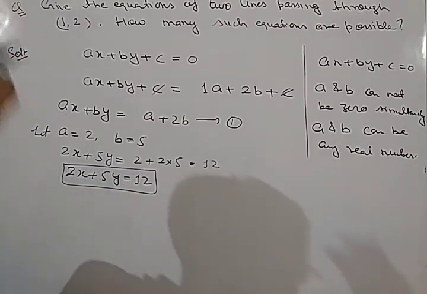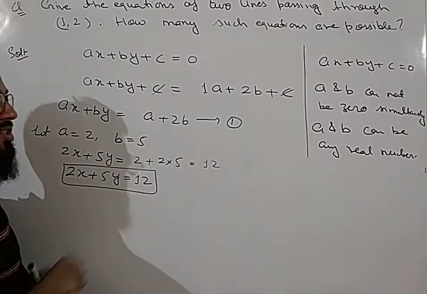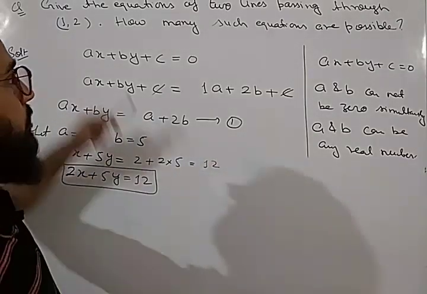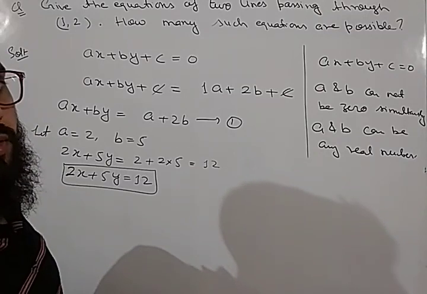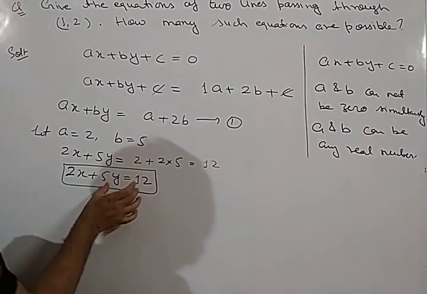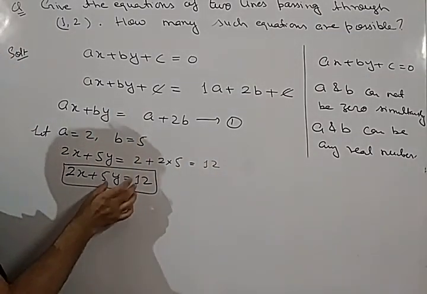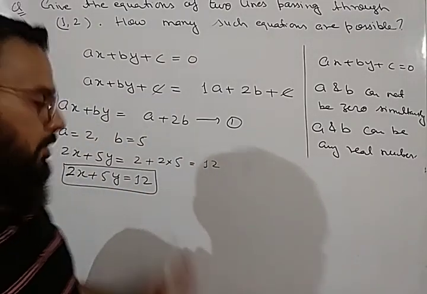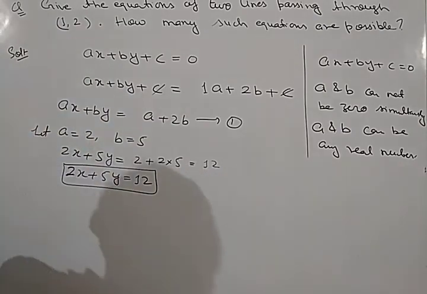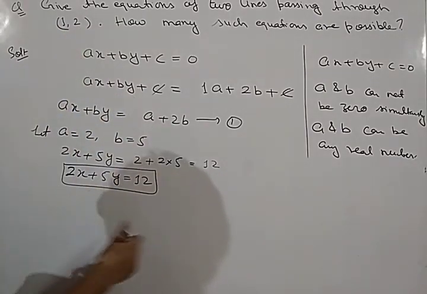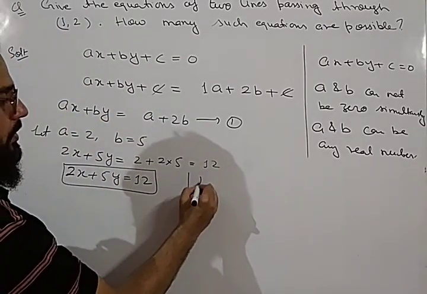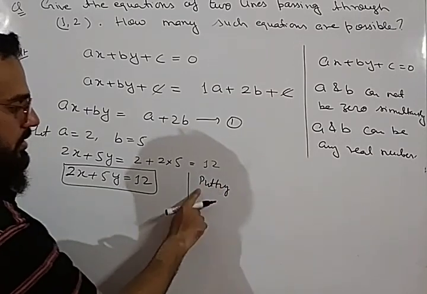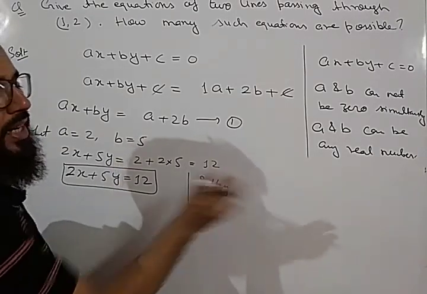And what is this equation representing? This is the equation of a straight line which will pass through the point 1 comma 2. You can check whether the line formed by this equation passes through 1 comma 2 or not by simply putting these values. This is just for verification; you do not have to show it in the question.